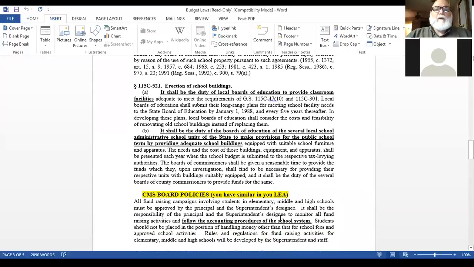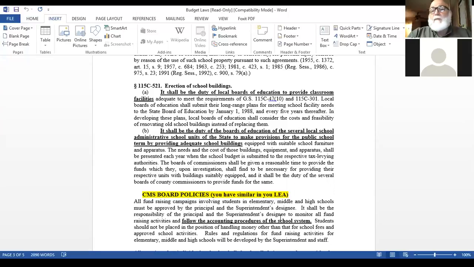It shall be the duty of local boards of education to provide classroom facilities. The reason why I've got that one in there, from time to time I'm asked about charter schools and why they get those used mobile units from the regular school district in the county that they're in. That's because charter schools are public schools, and the board must provide them classrooms.